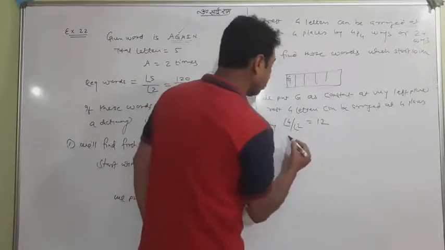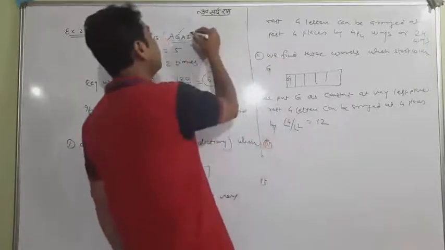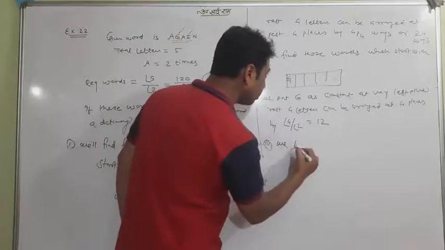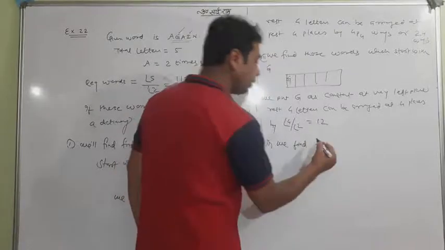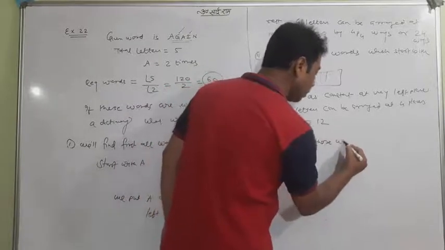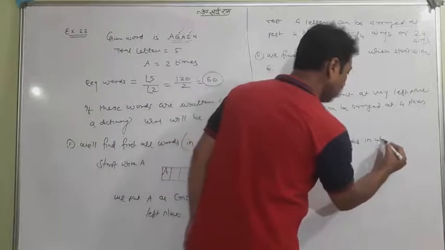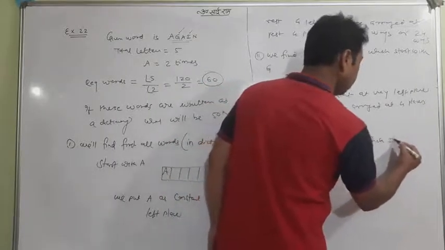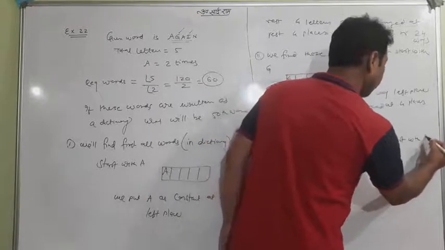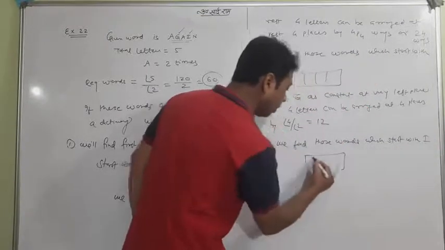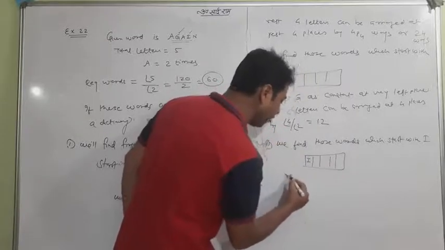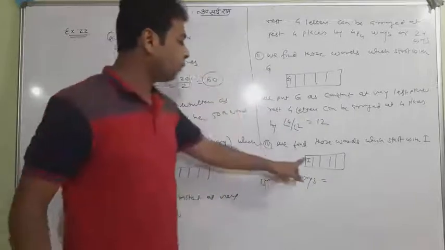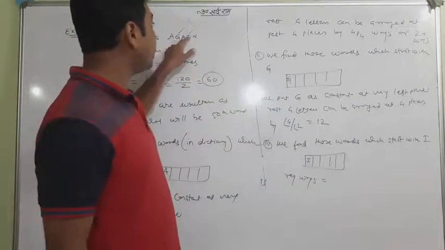Similarly, third. After G it's the turn of I. Now we find those words which start with I. Similarly, I am not writing the whole condition again. If I place I as a constant at the first left place, A, G, A, N is coming.